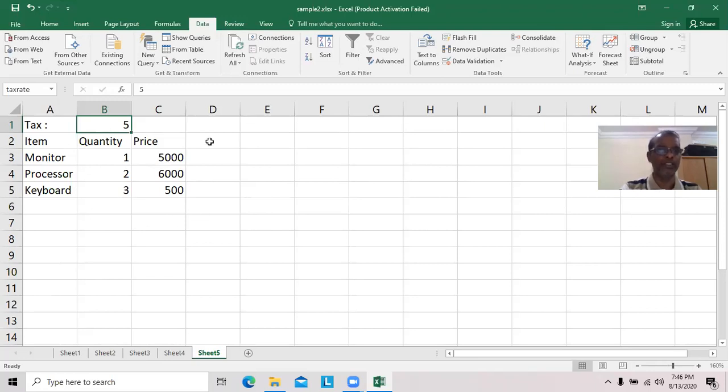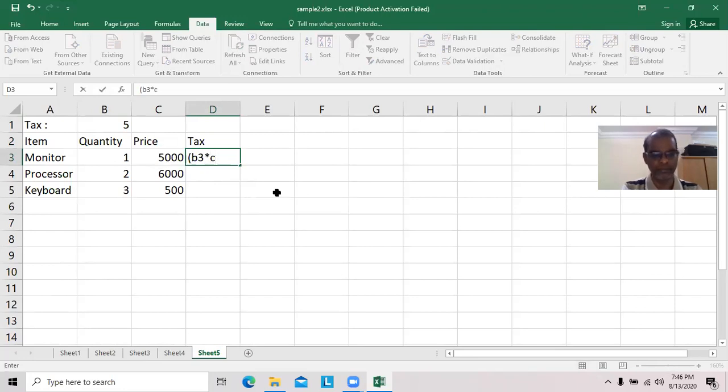Here I'd like to find out the tax. Open bracket, B3 multiplied by C3 multiplied by, instead of B1, now we can type tax rate. That's all.